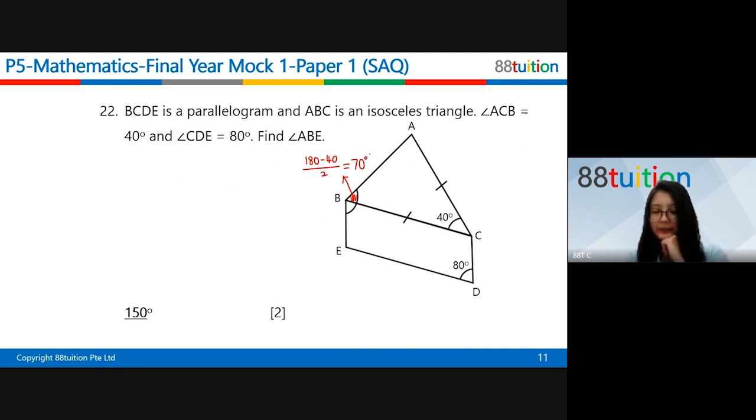So this is 70. This is a parallelogram, which means the opposite angles are the same. So this is 80. So the total angle ABE is an addition of 70 degrees plus your 80 degrees, which is 150 degrees.